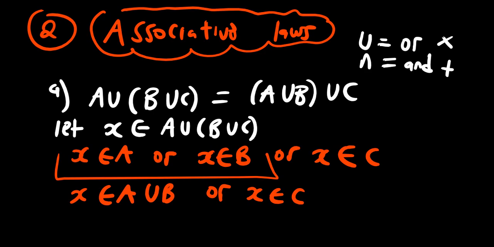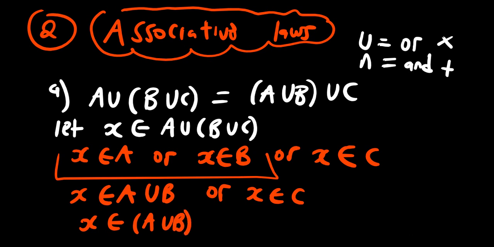Okay, now what do we do? If you want, we can factorize the x is a member of again because it's common on both sides. So what are we going to have? You're going to have x is a member of the A union B. You're going to put it in brackets because it's together.